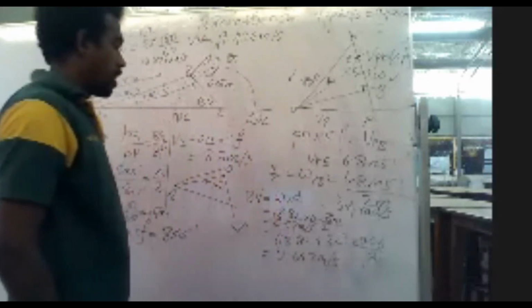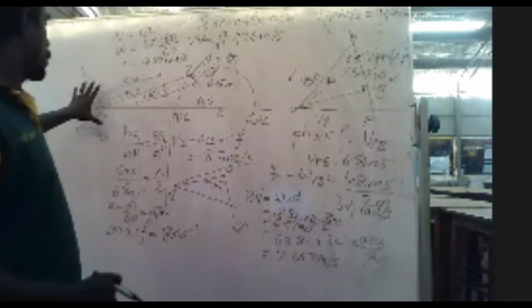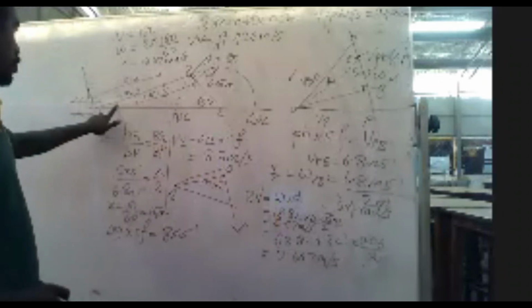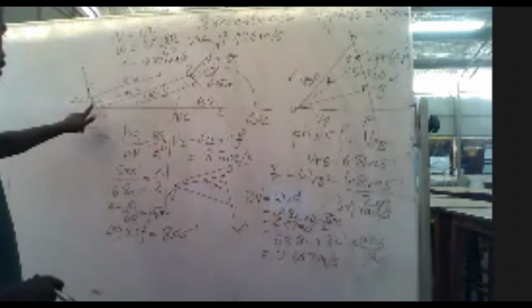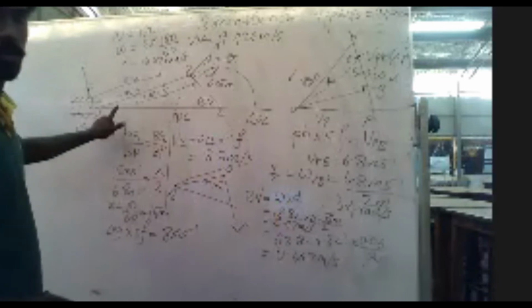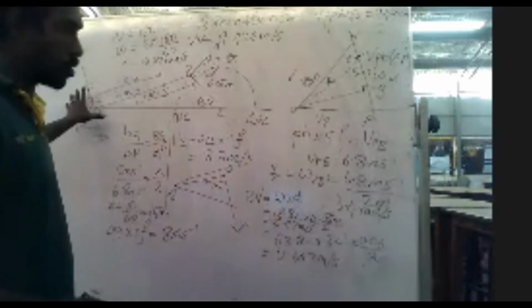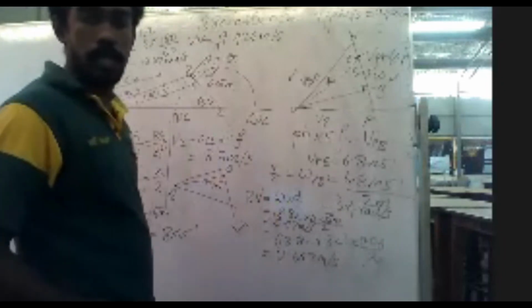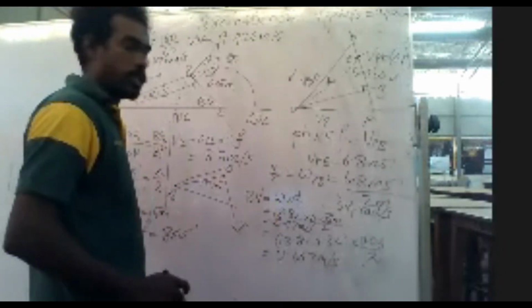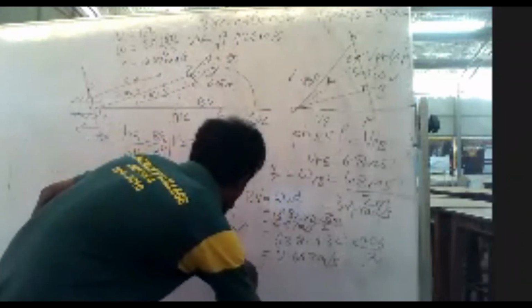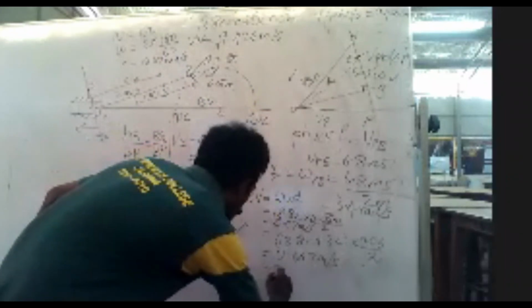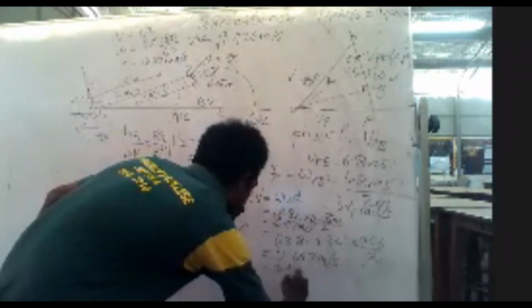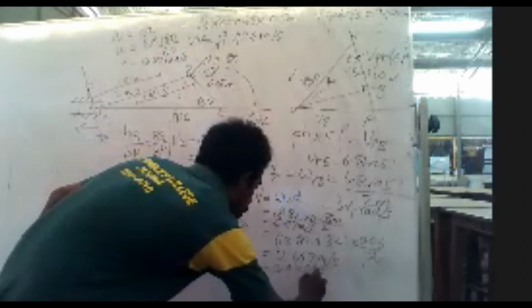Third category is the slider, right? So here I have a turning pair and the sliding pair. So now this sliding is going to be 0, only turning is going to come in the action, right? So the diameter is given 0.03 meter. So I will go for 3.4 rad per second into 0.03 by 2.